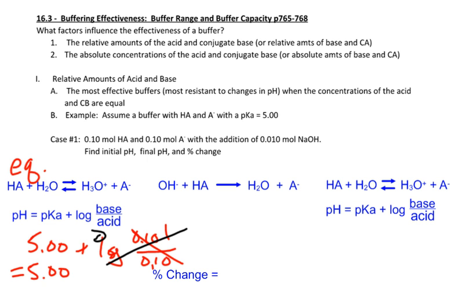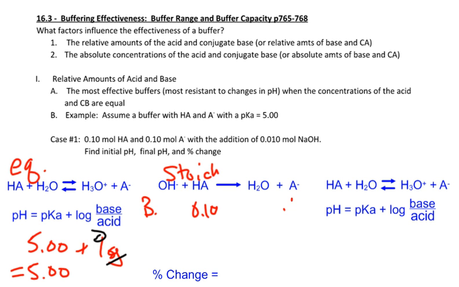So now what? I'm going to add some base. This is where my stoichiometry comes in, so I'm going to have a BCA table. Before I do anything, I know I have this much of my acid and this much of my base, and again, my units are moles.